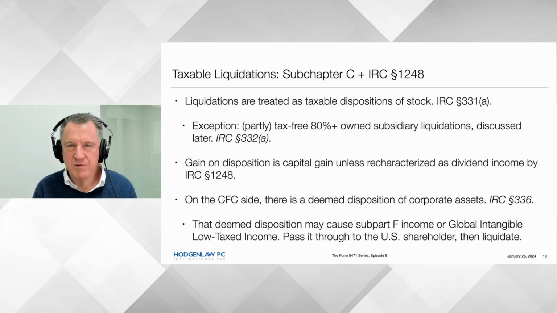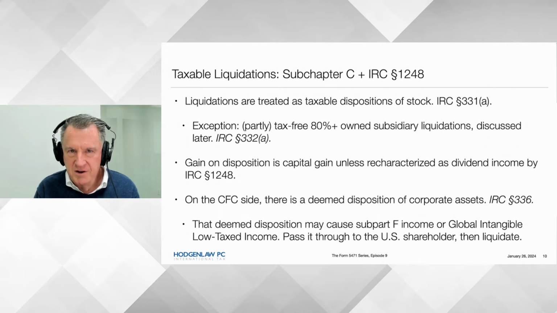And if you have gain recognition on appreciated assets in a CFC, is that subpart F income? If so, we'll have some income passed through to the shareholders, subpart F income, because of Section 951(a)(1). Or it could be global intangible low-taxed income.